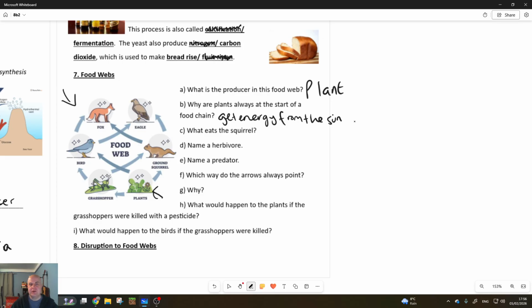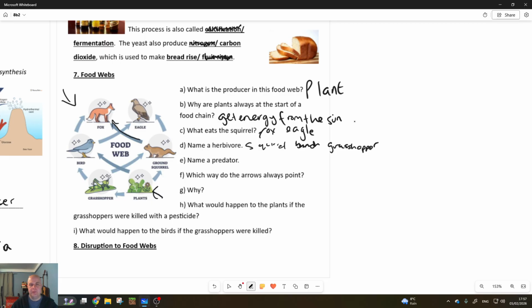Now what eats the squirrel? Now remember, this arrow is the flow of energy. So the fox and the eagle eat the squirrel. Name a herbivore. Now a herbivore is something that only eats plants. That would be a squirrel or a bird. Oh no, hang on. What am I on about? The bird eats the grasshopper. The grasshopper.